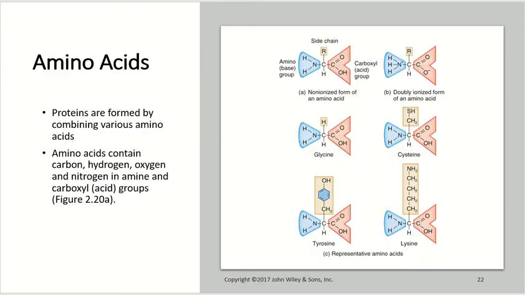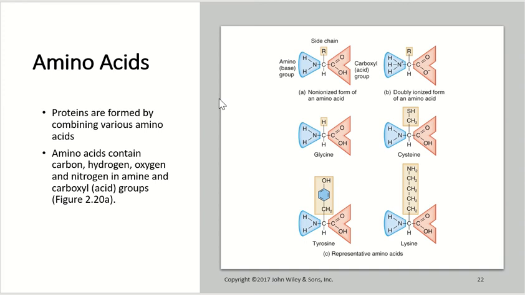Okay, now that brings us to amino acids. These are super important. When we talk about proteins, you can't not talk about amino acids, because amino acids are the building blocks of proteins. Proteins are formed by combining various amino acids together in long chains to produce a big chunky protein that does whatever function in the body that it needs to do.